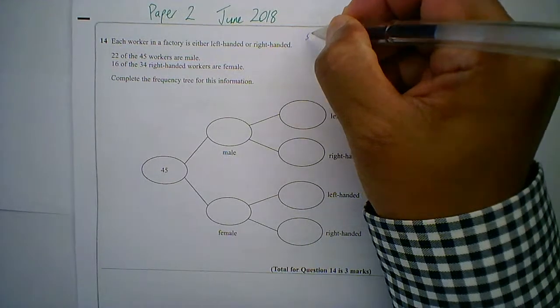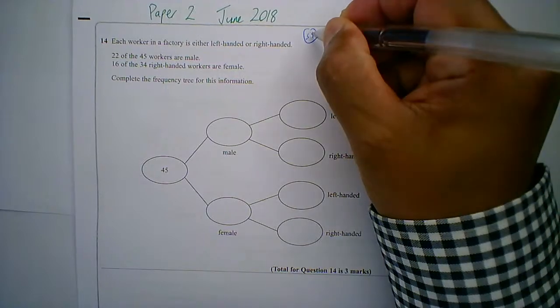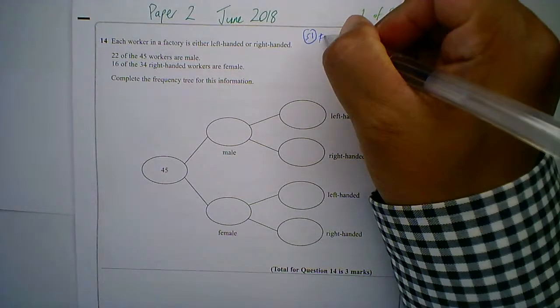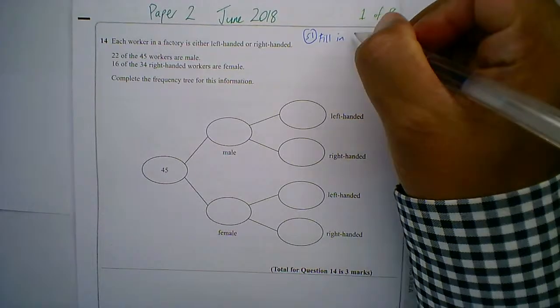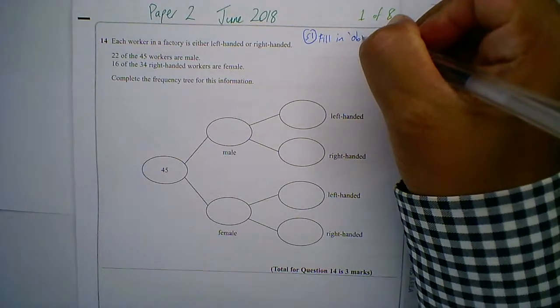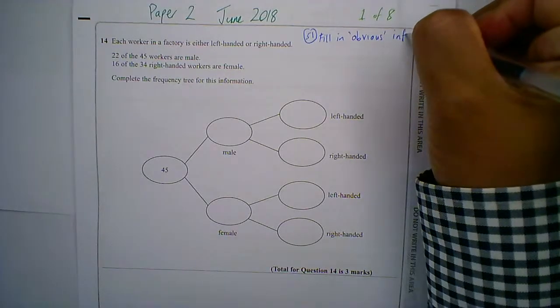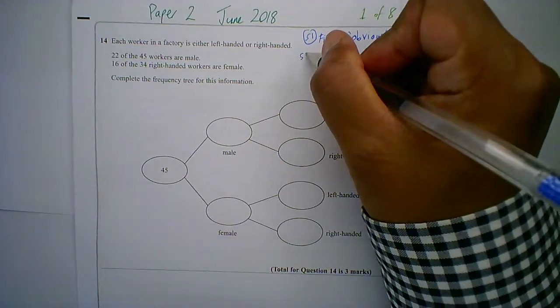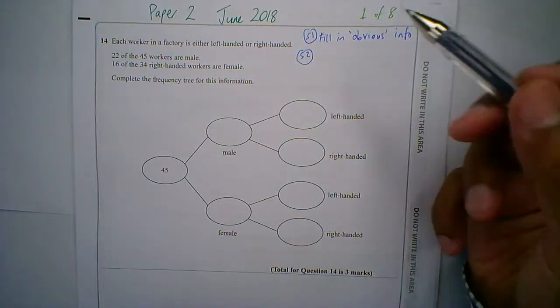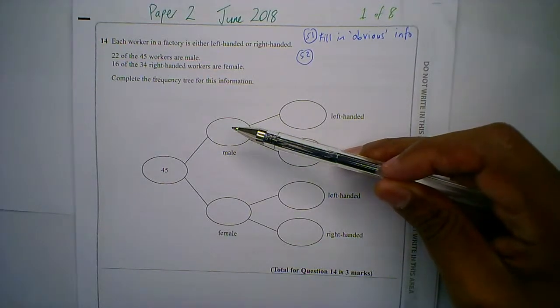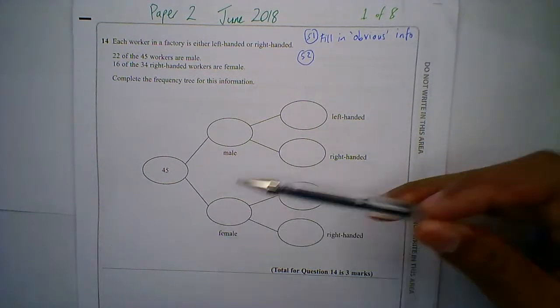Step 1, we fill in the obvious information. And step 2 is then, once we have one piece of information, like for example here, that will lead us to the next information and so on.